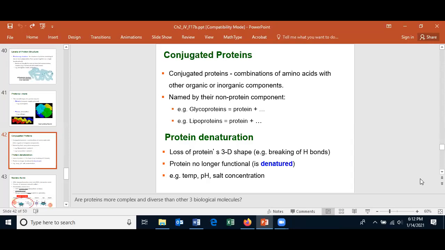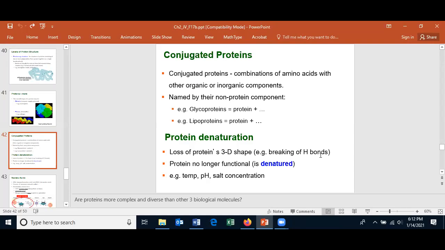Proteins can denature. That's the loss of the protein's three-dimensional shape. Usually when the protein denatures, you're breaking the hydrogen bonds, maybe the ionic bonds, and the van der Waals forces holding the protein together.